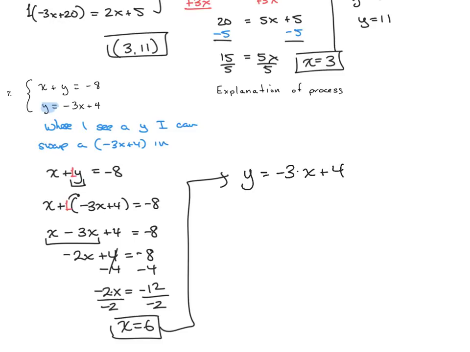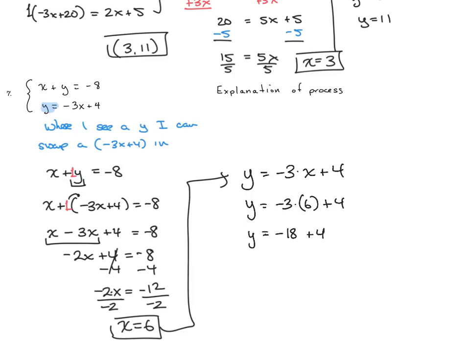You just found out that x was 6. So wherever I see an x, I now replace it with the number 6. So y equals -3 times 6 plus 4. And I get y equals -3 times 6 is -18 plus 4.